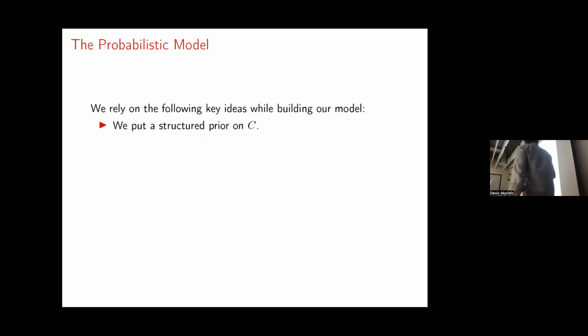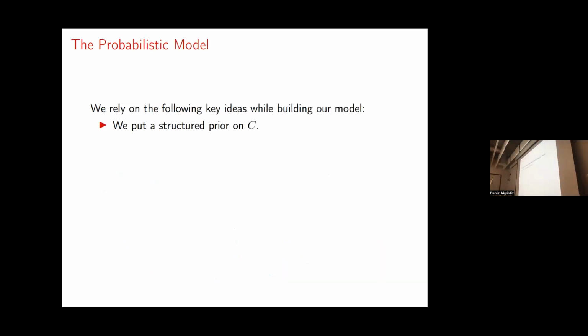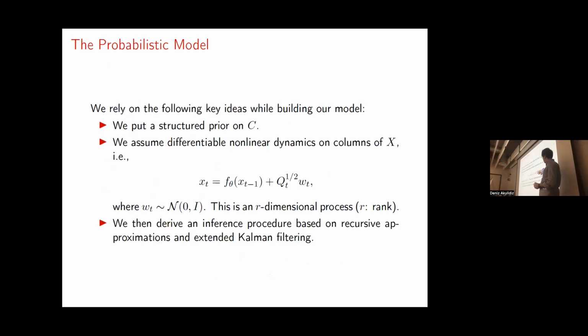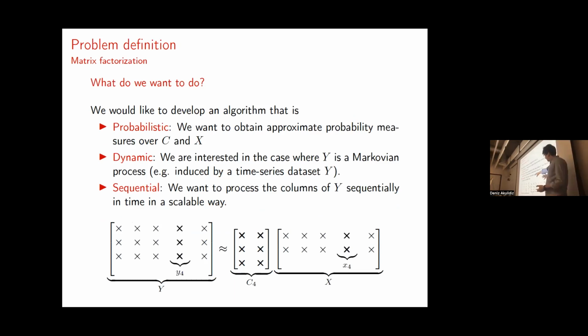Okay, so what I'm going to do is put a structured prior on C, right? Because if you want to update C in an online way like this, and you put the most general prior on C, it's not going to work out well. So we are going to put a structured prior on C. We are going to assume very general nonlinear dynamics on X, right? Because if you look at this structure, if Y is a Markov process and you try to reduce the dimension of Y into C and X, it's very natural that you have to model X as a Markov process, right?